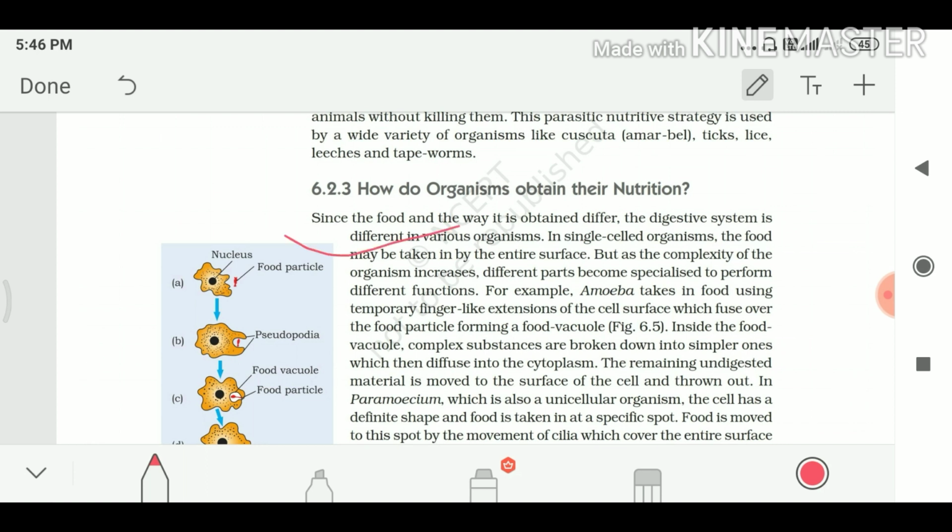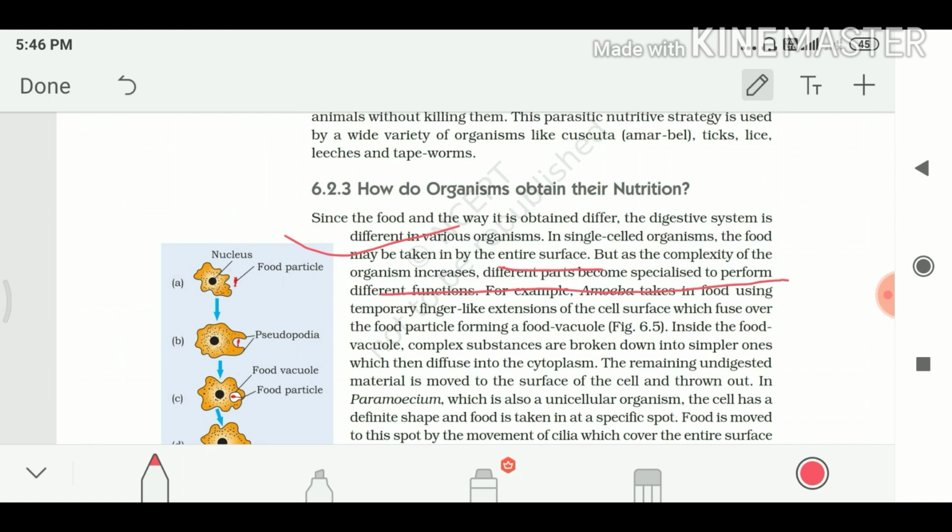In a single cell organism, the food may be taken in by the entire surface, but as the complexity of the organism increases, different parts become specialized to perform different functions, right? A unicellular organism has a very simple body design, while in humans or other complex animals we can see specialization.